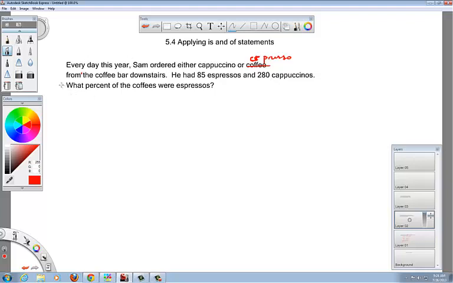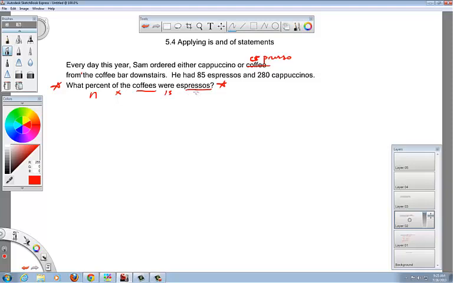The key sentence is right here at the end this time. What percent of the coffees were espressos? And were is a form of is, and this is going to be our times thing. So we're going to find out n times coffees is or equals espressos.